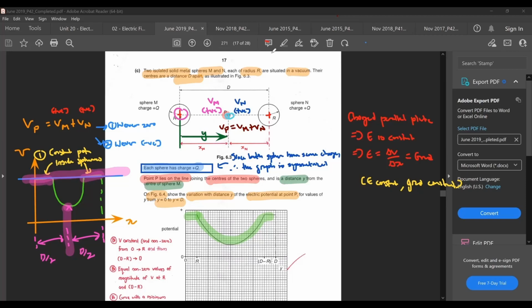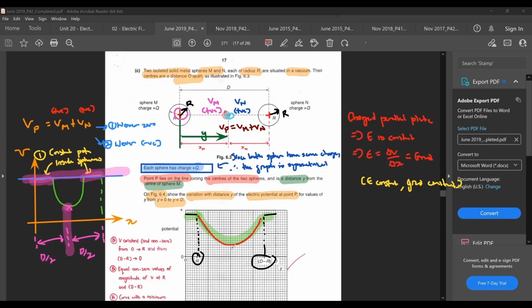Make sure that your constant potential line is only at R. And then after that, your other constant potential line will be at D minus R. Because the question already told you this one is radius R, this one is also radius R. So it will be constant potential from 0 to R and from D minus R to D. And then after that you just draw your line like this going to the midpoint, and make sure it's right at the center.